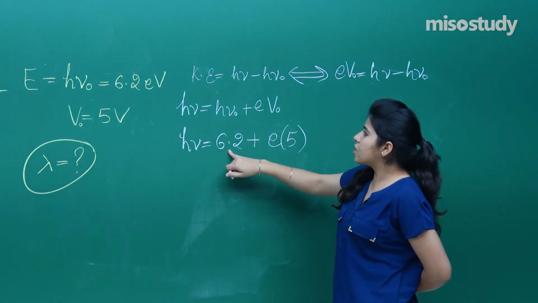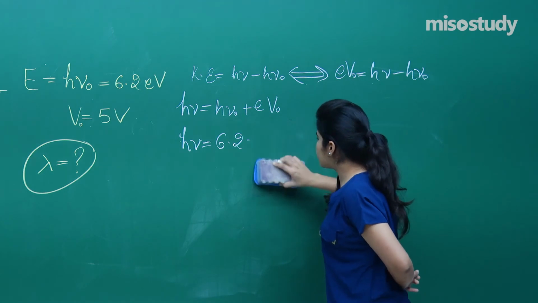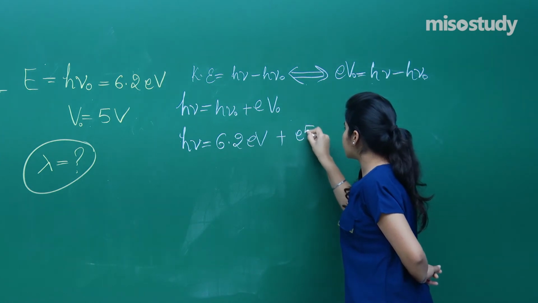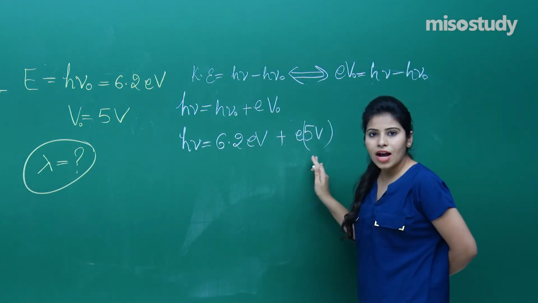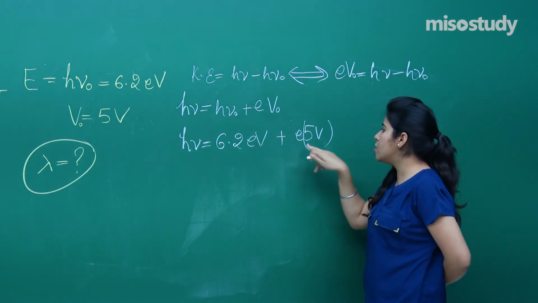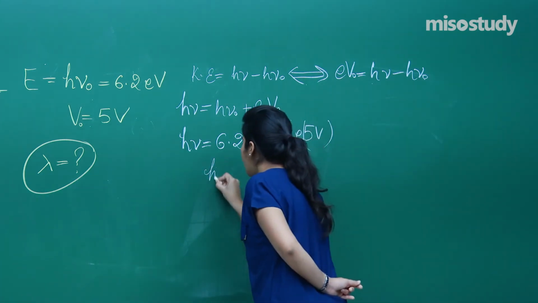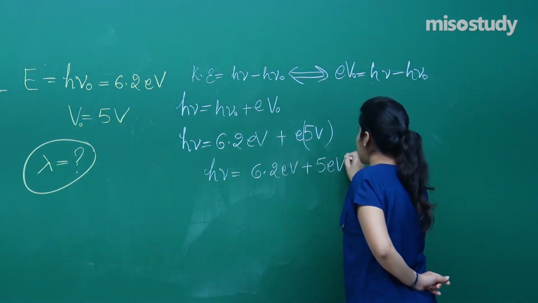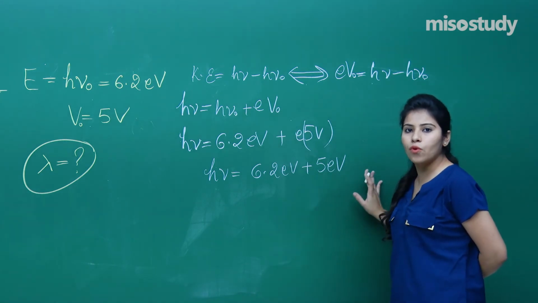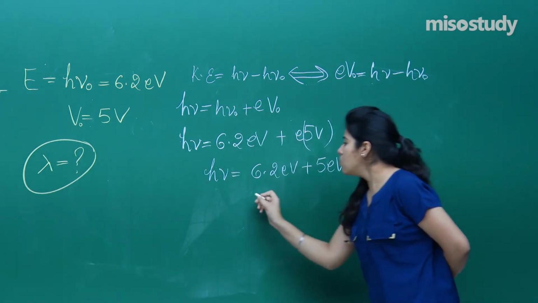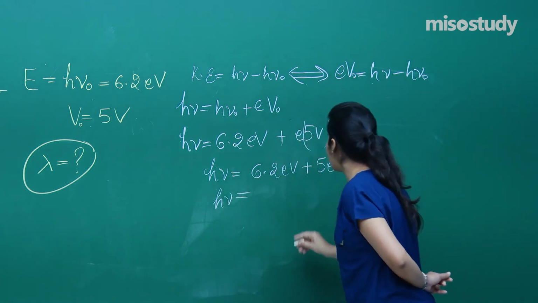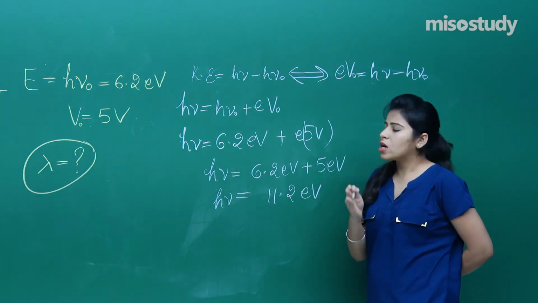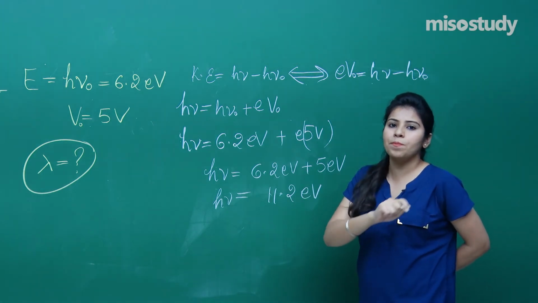This 6.2 is in electron volt, plus e into V naught, where V naught is 5 volt. So the unit has become the same. Now h nu equals 6.2 eV plus 5 eV. Add these terms and you will have 11.2 electron volt.